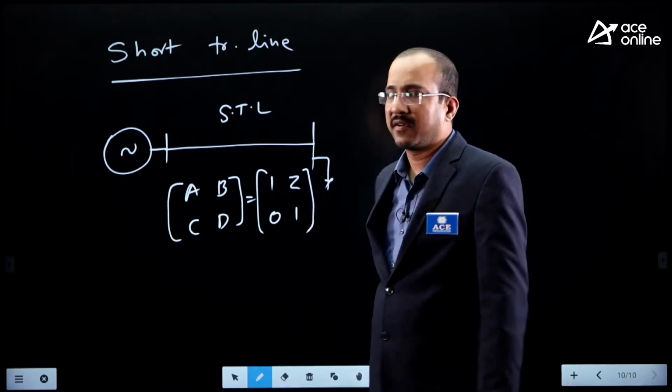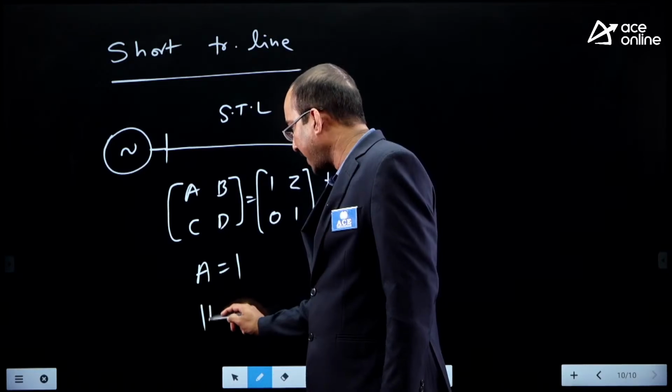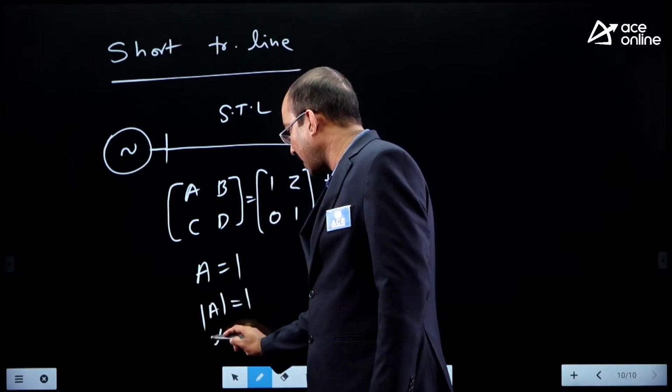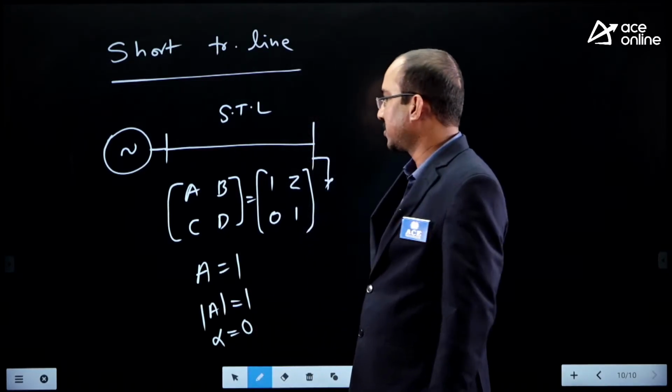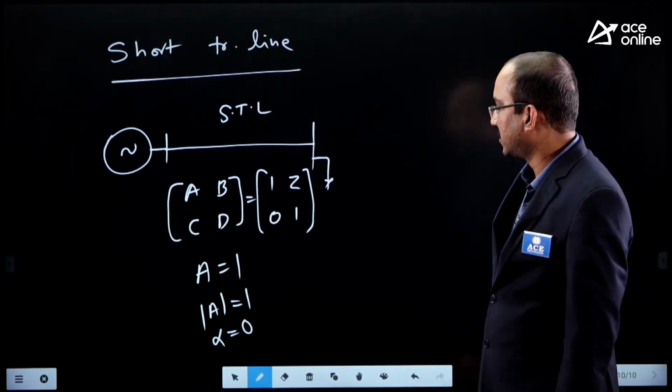They are 1, Z, 0, 1. So the A value is 1, so the magnitude of A is equal to 1 and alpha is equal to 0. For a short transmission line, the magnitude of A is 1 and alpha is equal to 0.